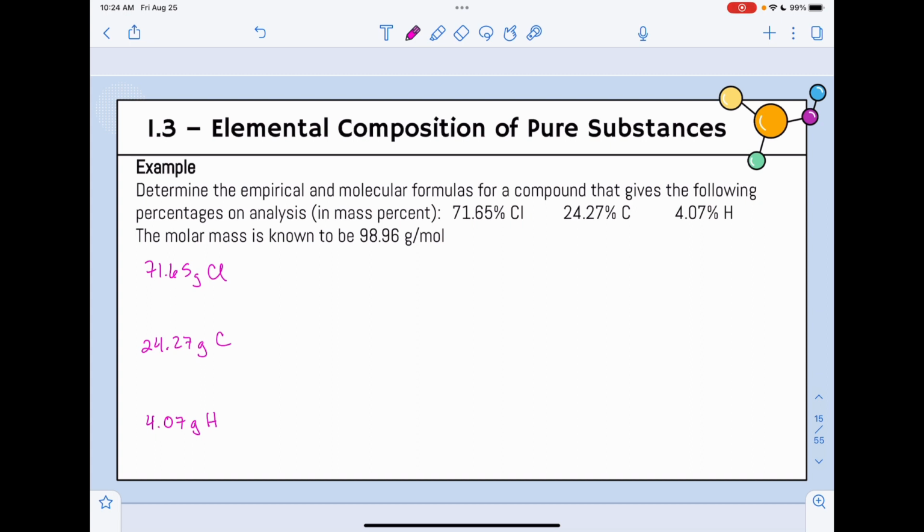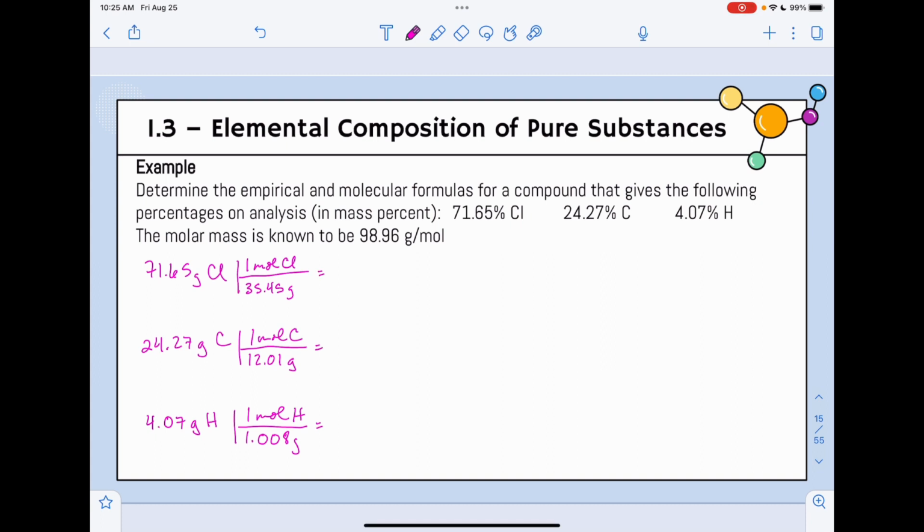We're going to convert each of these to moles. So 1 mole of chlorine has a mass of 35.45 grams. 1 mole of carbon has a mass of 12.01 grams. And 1 mole of hydrogen has a mass of 1.008 grams.